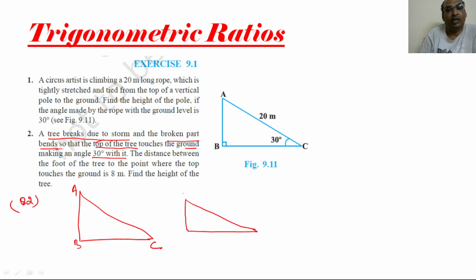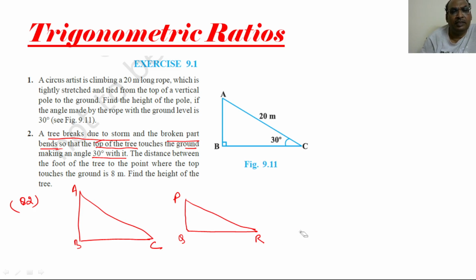Now this is P, Q, R. After that breaking, the tree has got broken at point P, and the remaining portion PR is touching the ground and making an angle 30 degree with it. So the top of the tree touches the ground, making an angle 30 degree with it.